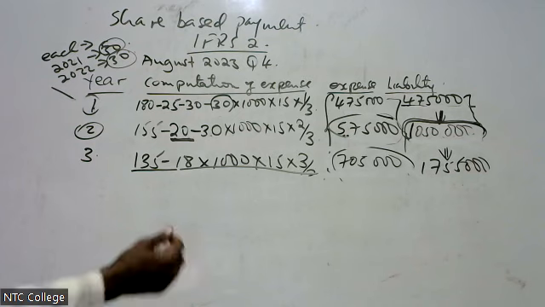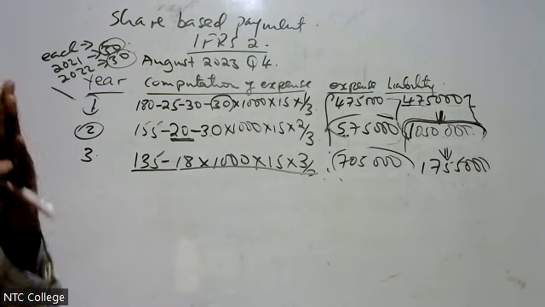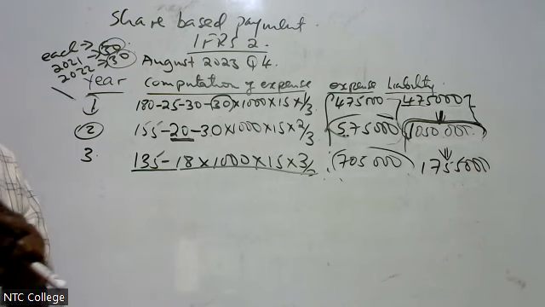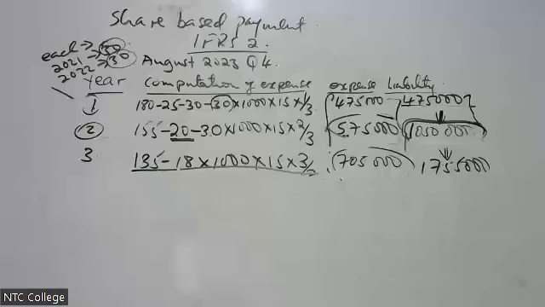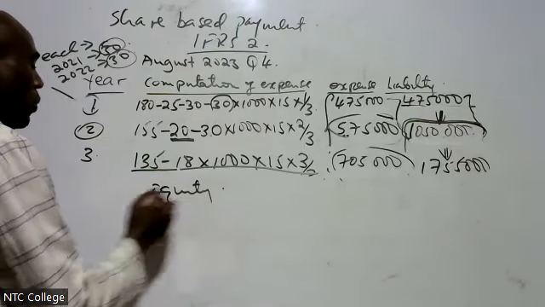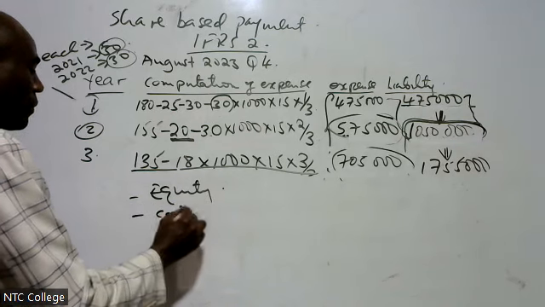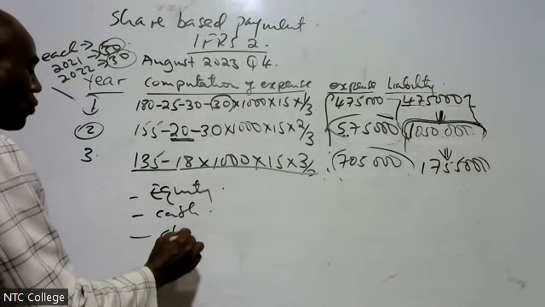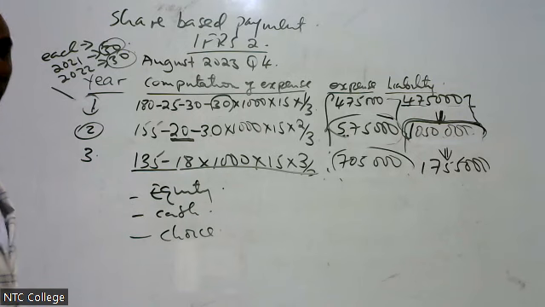Now, we said that we have 3 types of share-based payment. Listen very carefully. We have equity settled, we have cash settled, then we have choice between equity and cash. Now listen.